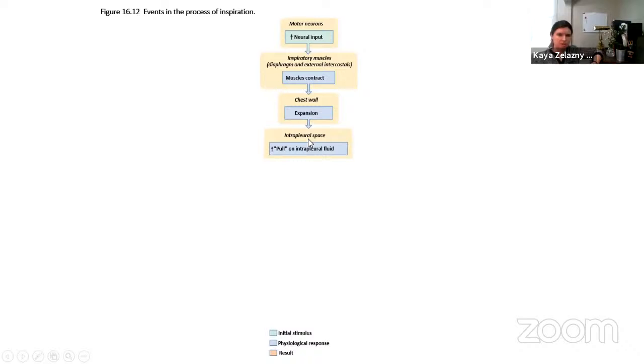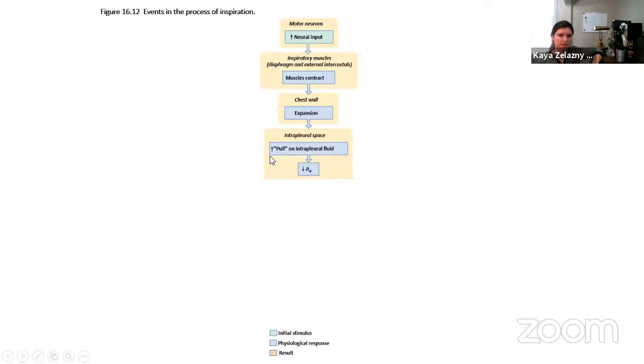This means that the intrapleural space would be expanding, except we're holding that wall of the lung to the chest wall using that fluid in the intrapleural space. So we're creating a pull on that intrapleural fluid, which is therefore exerting a pull on the lungs to move with the chest wall.